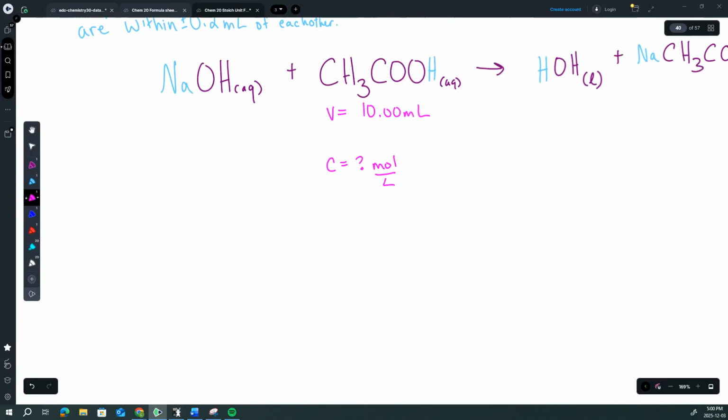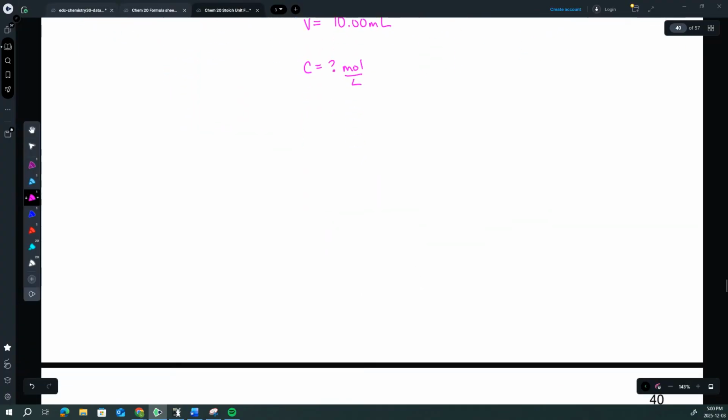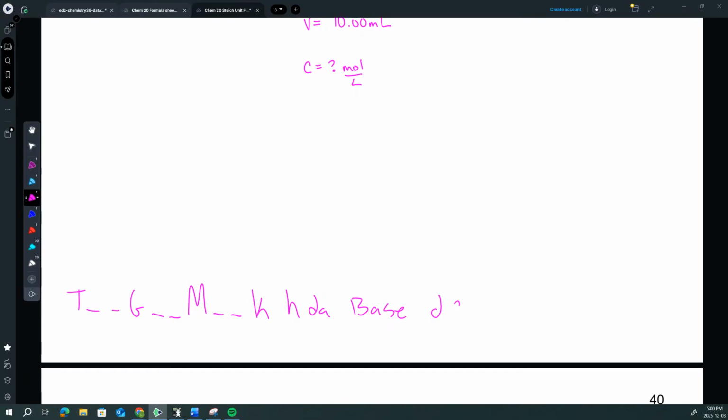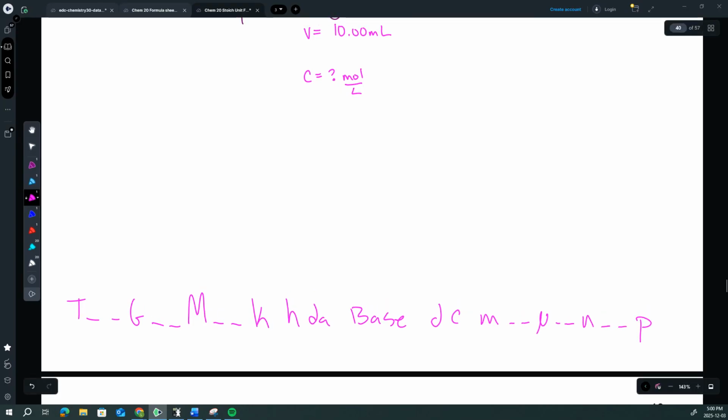So going from milliliters to liters, writing out our metric conversion line. Milliliters is going to be right here. Liters is going to be right here. It's a base unit because it doesn't have a prefix to it. So I count 1, 2, 3.